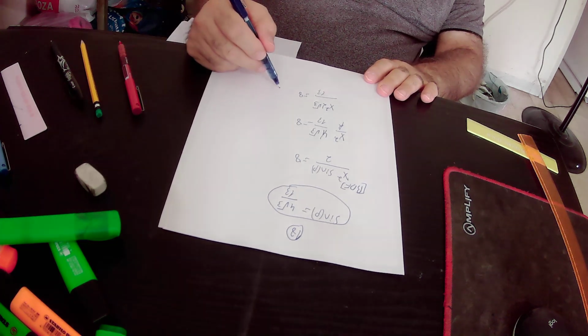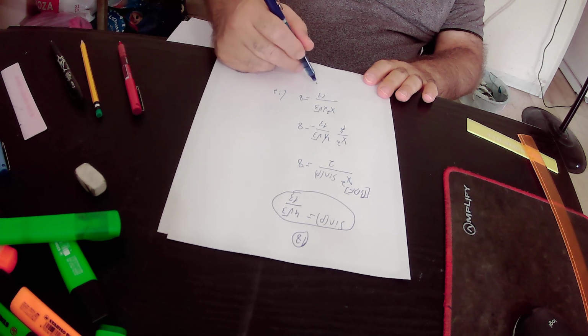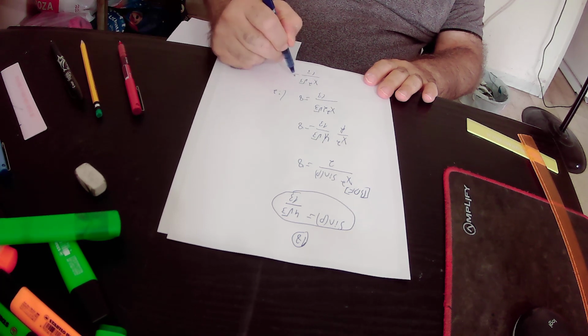Here we will divide this equality by 2, and we get x squared times root 3 over 13 equals 4.